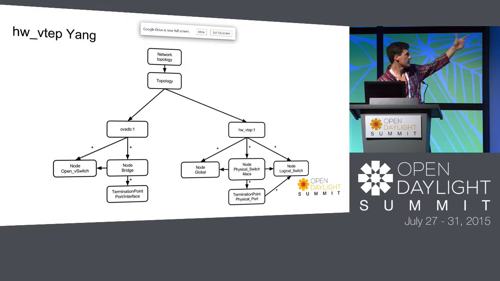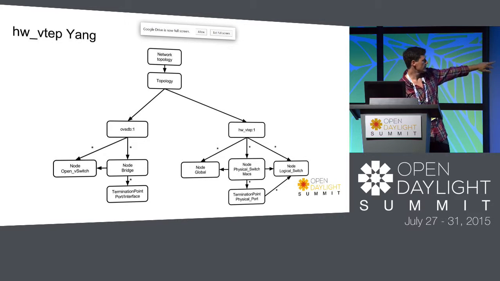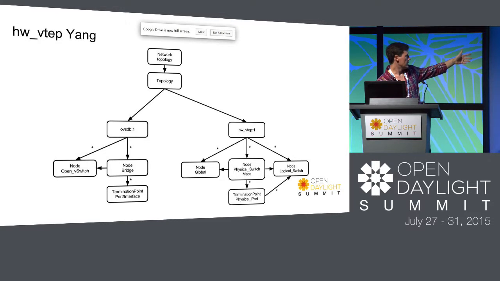Termination points, that's the terminology from the network topology model, correspond to the port and interface tables. If you see the two lines in there, the top one is the network topology model nomenclature, and underneath it is the corresponding OVSDB table. So that's what we have today with the Open vSwitch schema.